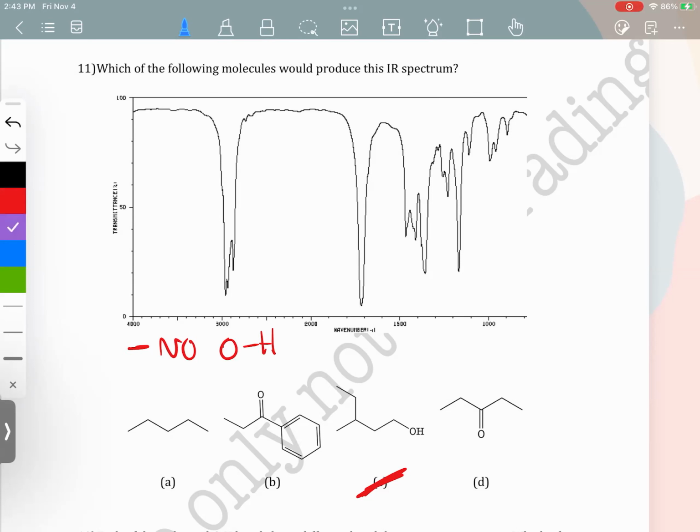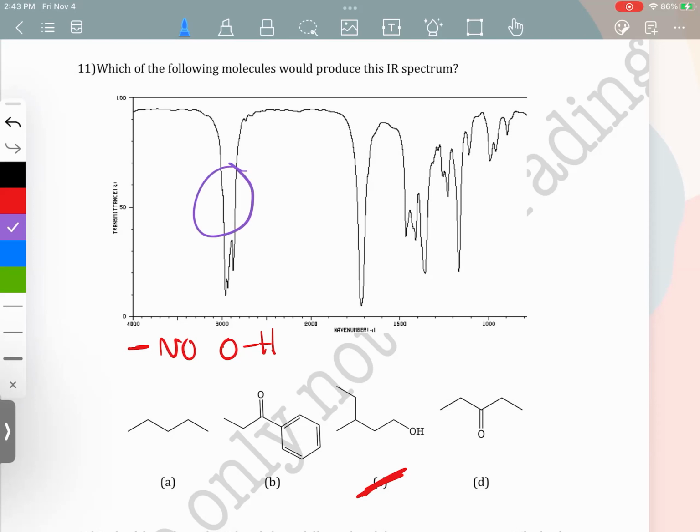What do we see, however, in this IR spectrum? What can be classified? I think that's a carbon chain C-H. The first one that we see?